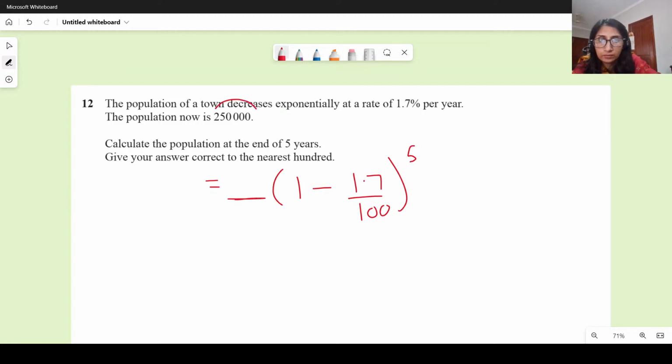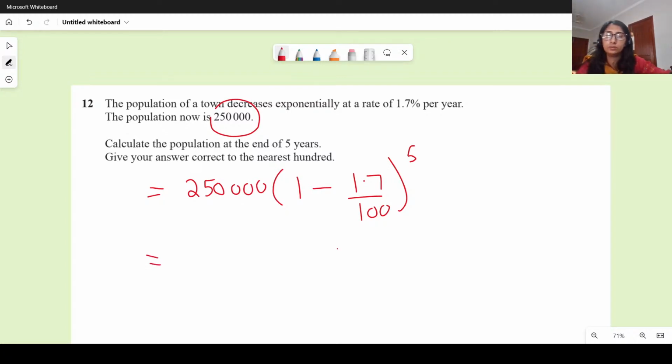The population is now 250,000. So you write 250,000 over here, the current value, and you get the new value over here, which is x or whatever.